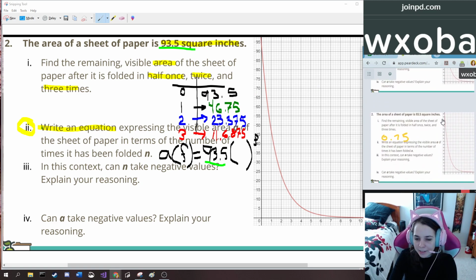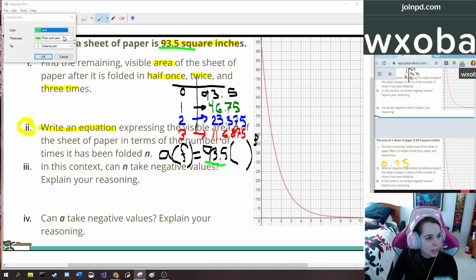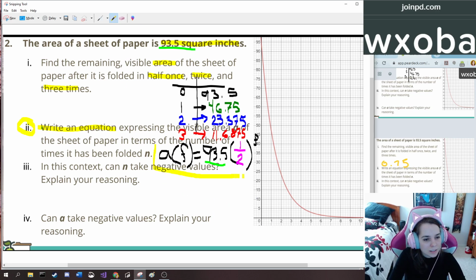0.5. Yes, half. This is changing by half as I'm folding the paper in half, so the area is changing by half. Okay? You could either say this is 1 over 2, 1 half, or you could say it's 0.5, which are the same thing. So this is my equation for the situation.